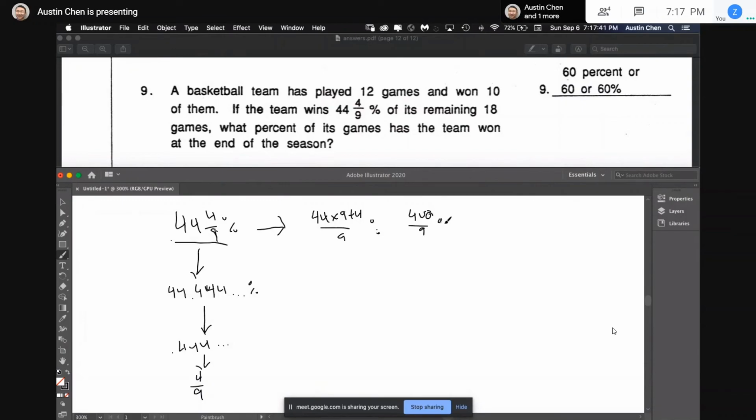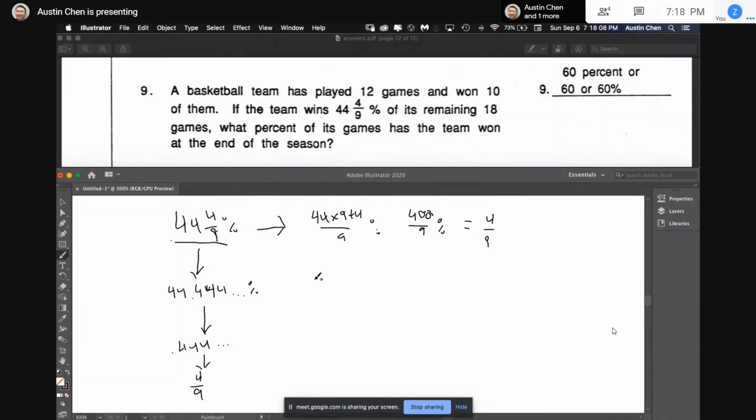And then to get rid of the percent, you can just divide by 100, right? That's the same thing as moving the decimal 2 places to the left. Because we have 400, dividing by 100 cancels with the 2 zeros of the 400, and this equals 4/9. So yeah, we get 4/9 either way.